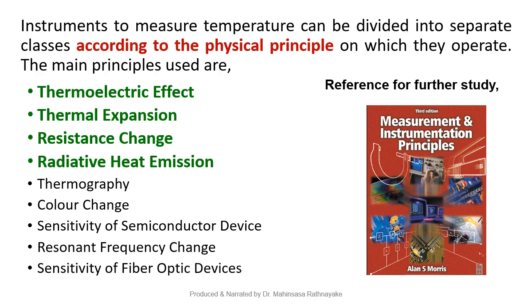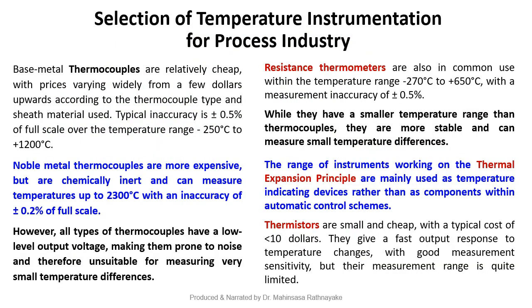So as final remarks, I would like to discuss one more important thing, that is how to select the temperature instrumentation in the process industry. That is the application part of this knowledge, because the reason we learn all these theories is to apply them as engineers in the industry.